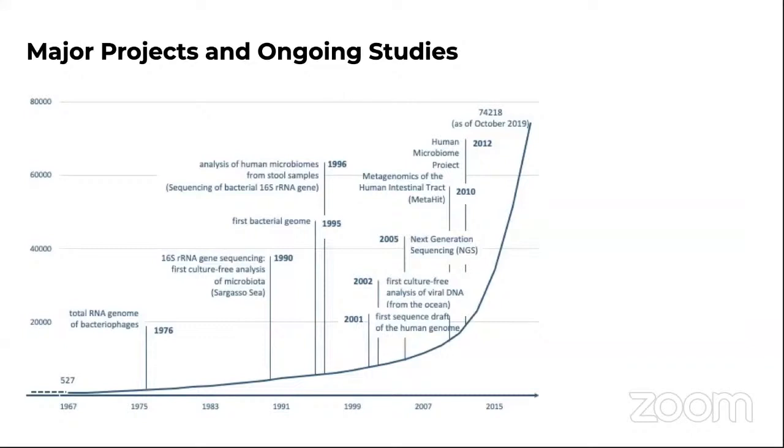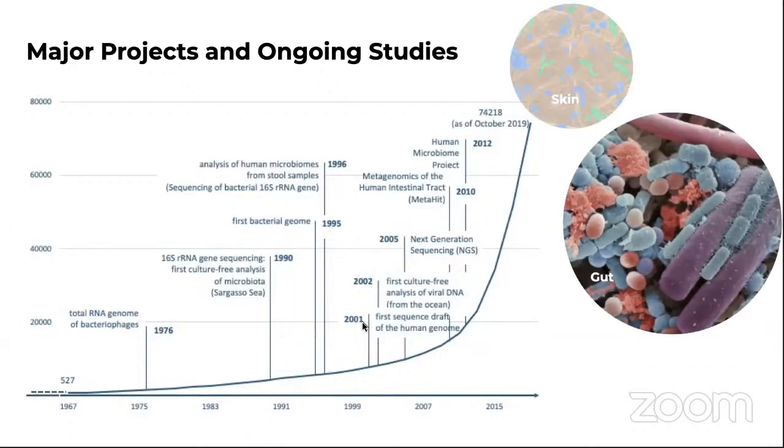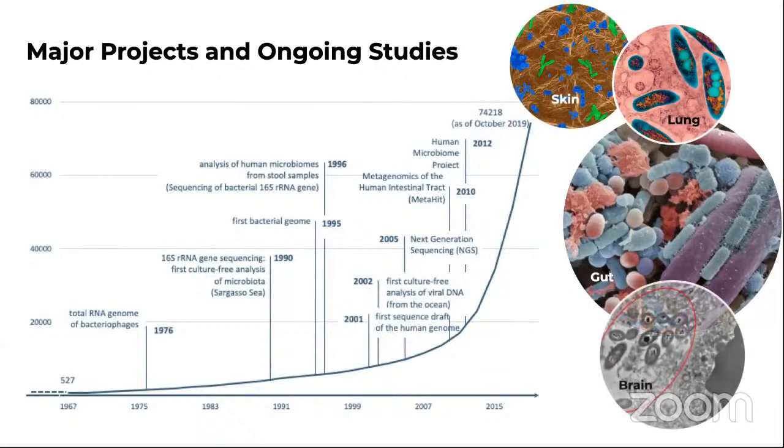As you can see here on the screen, this is a timeline of major microbiome sequencing initiatives that start around just after the sequencing of the human genome. And so one of those is obviously the gut microbiome, but then additional ones include the skin, the lung, and even the brain microbiome. So the lung microbiome. The microbiome of the lung has less bacterial biomass, so it has less proportion of bacteria as compared to the gut, but it displays a considerable diversity.